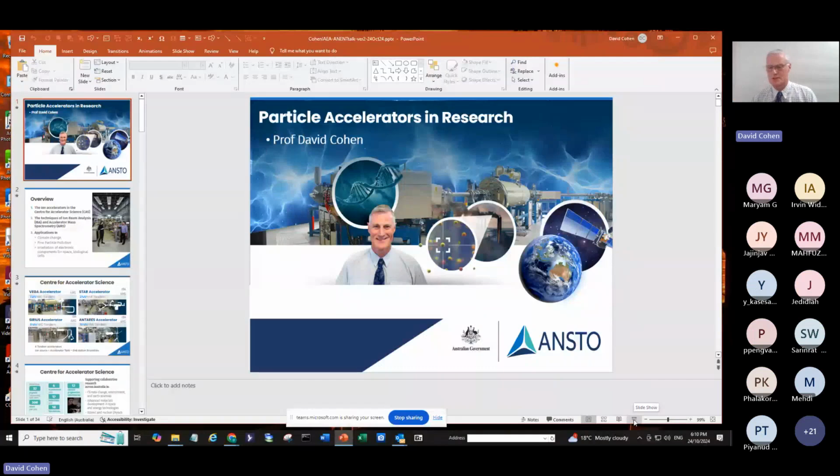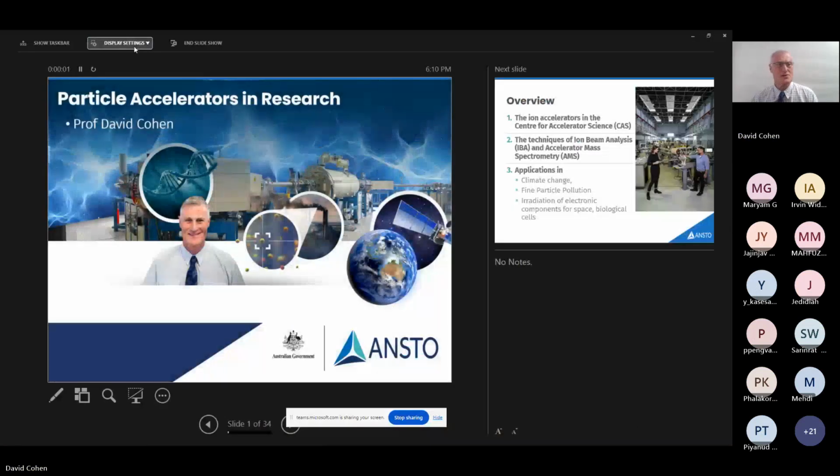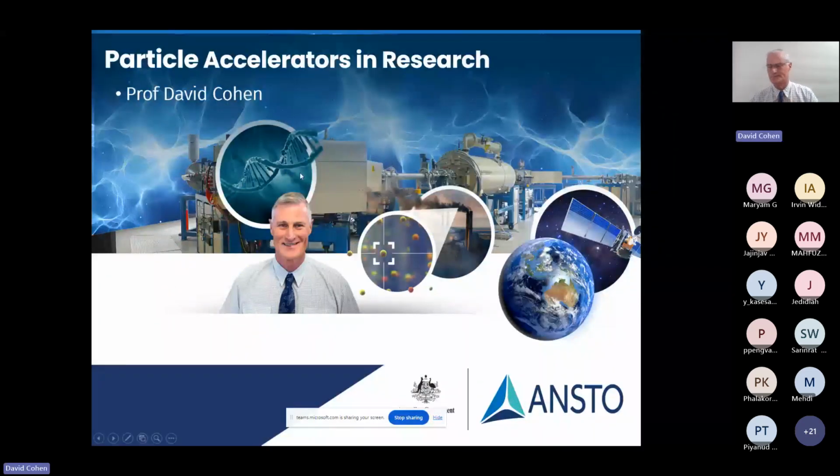I've got two screens, so I'll swap the screens. There, you have the screenshot now. Is that right? Yes, we can see the full screen mode.